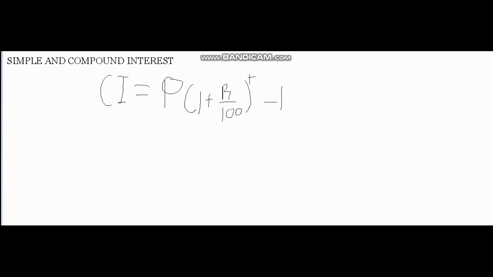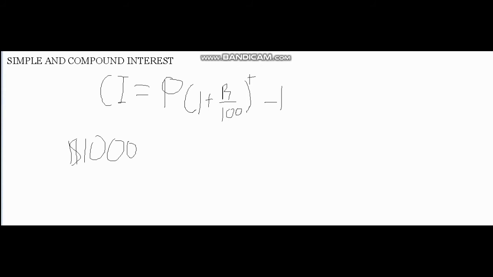Now, for compound interest, as we see there's an exponent in this equation, so it's a bit different from the simple interest. For compound interest, it adds interest on the interest in such a way that, let's say we have an initial principal of $1,000, just like the last time. And let's say we calculate the compound interest to be $50.